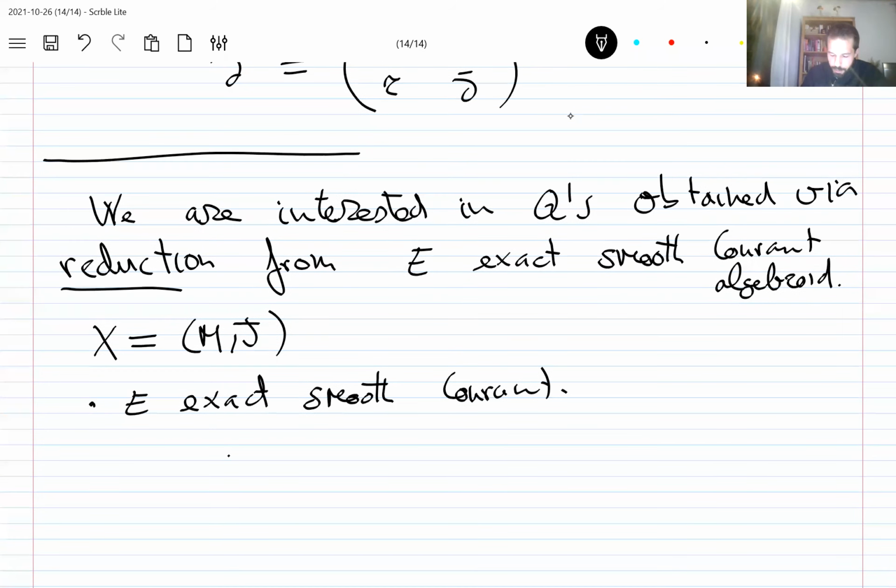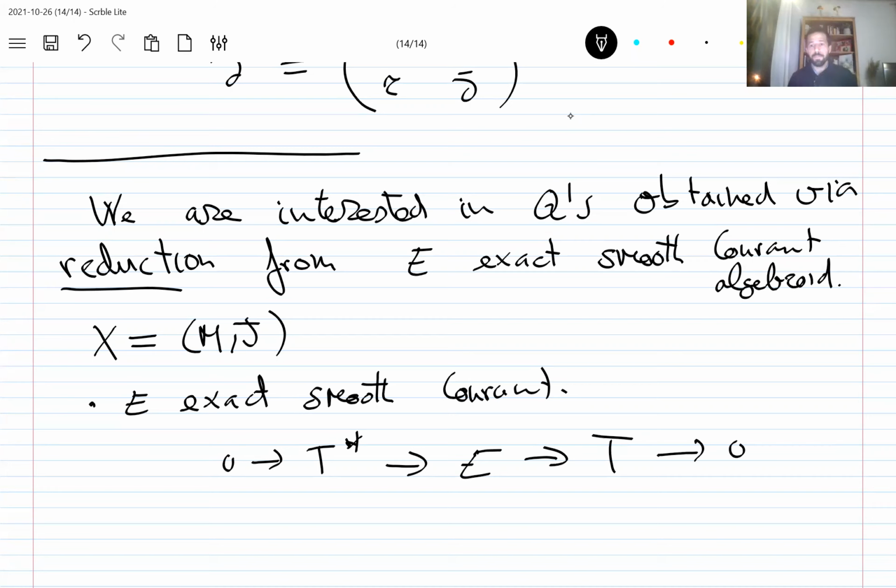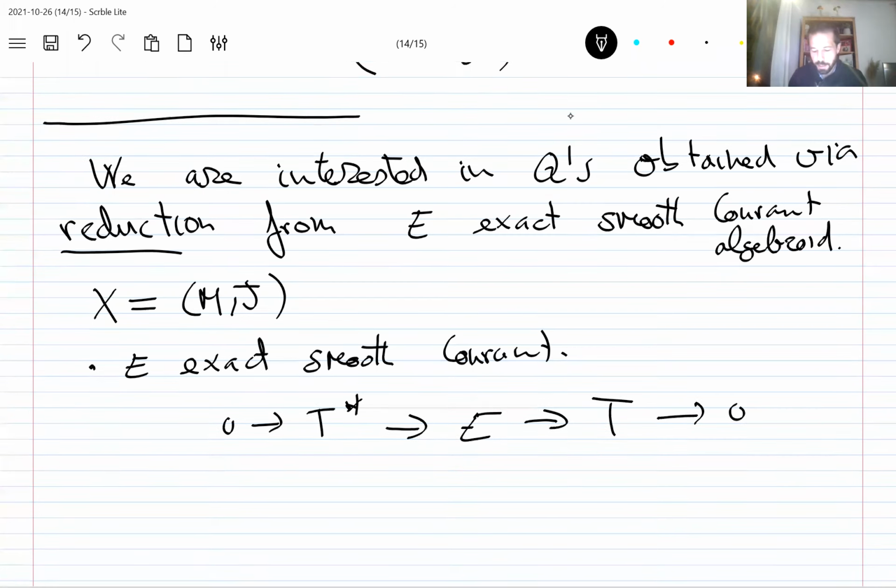So recall that this arises via an extension of the form cotangent, E, tangent, 0. The tangent and the cotangent are just the smooth tangent and smooth cotangent bundles of the manifold.